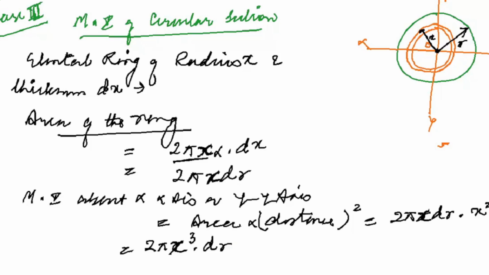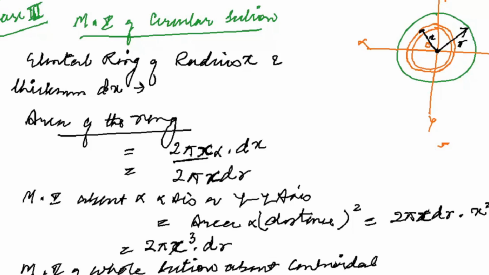So now when we have to calculate the moment of inertia of the whole section about the centroidal axis, that will be, when we are calculating IZZ, the integral of 2 pi x cube dx.